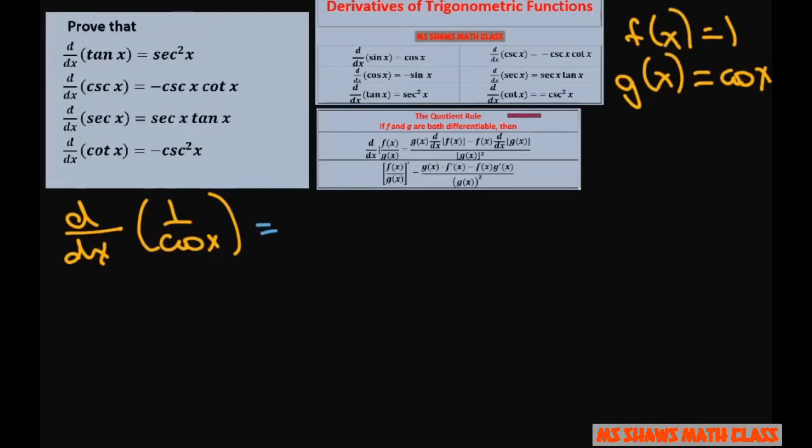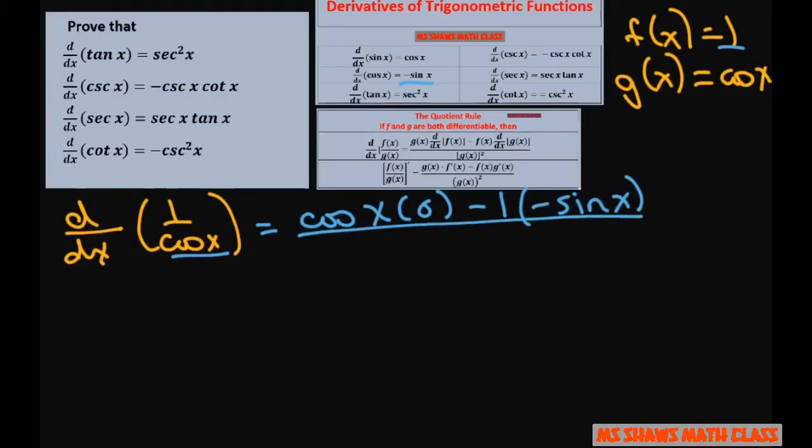You're going to get your g of x first, and then the derivative of 1 is just 0. Minus 1 times the derivative of cosine of x. The derivative of cosine of x is negative sine of x, all divided by cosine squared of x, because that's your g.